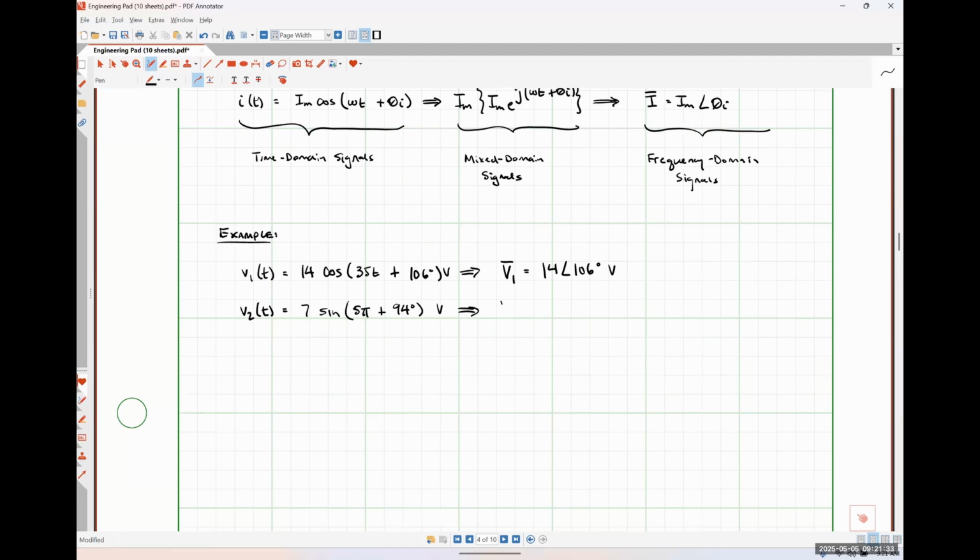So V2 would just be 7 angle 4 degrees because sine 5 pi plus 94 is the same thing as cosine 5 pi plus 4 degrees. That's it. That's the trick. So just be on the lookout for being given a sine function every now and then. Whenever you see sine, subtract 90 degrees.